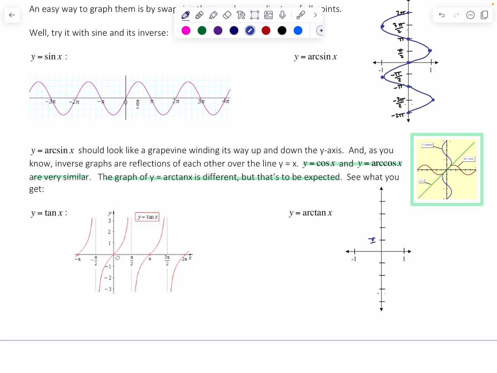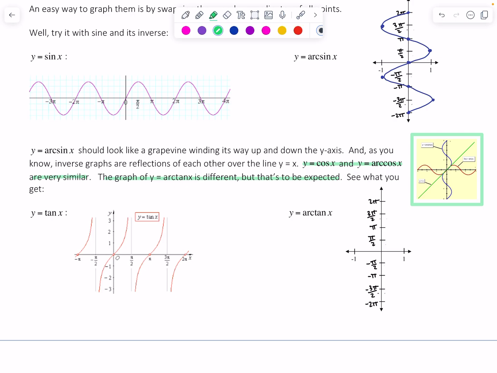So I'm going to go pi over 2. Oops, let me switch that to black. So pi over 2, pi, 3 pi over 2, 2 pi, negative pi over 2, negative pi, negative 3 pi over 2, negative 2 pi.